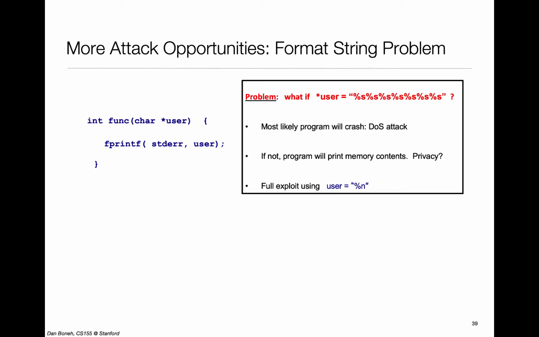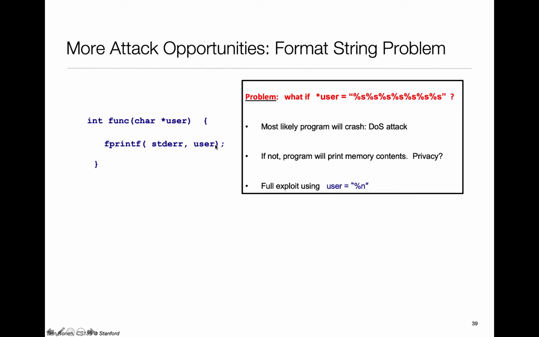So buffer overflow attacks aren't the only way to implement a control flow attack. There's another class of attack called format string attacks, where they target incorrect usage of format string functions. Let's take this example on the left where you have a function that's taking in a string and feeding it into the fprintf function as follows. What happens if this buffer that's passed to this function is actually a format string in itself?